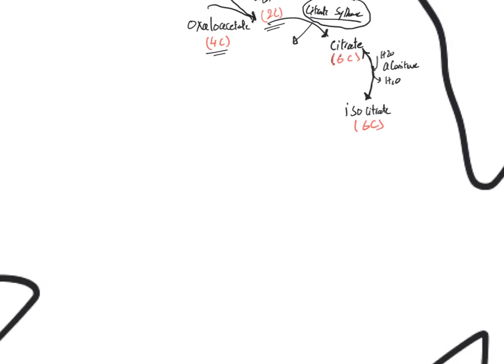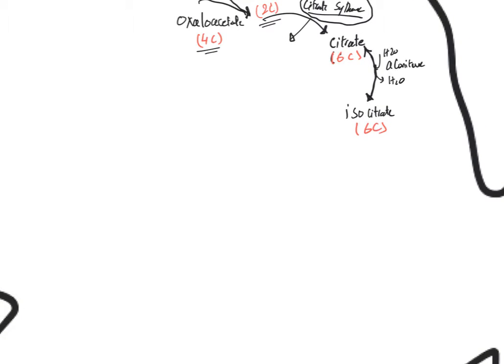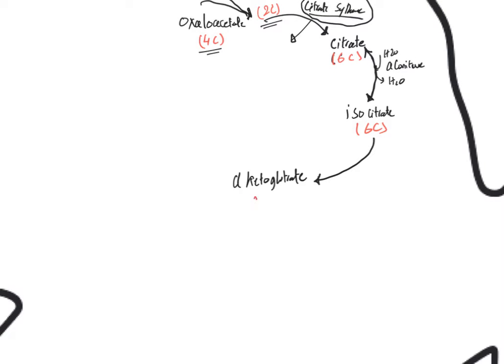Then the isocitrate will be converted into alpha ketoglutarate. In this reaction, alpha ketoglutarate is a 5-carbon molecule. And remember, as I said, whenever you see the number of carbons changing, then this is a regulatory step. So the enzyme responsible for this reaction is a regulatory enzyme. It's only in one direction, okay?